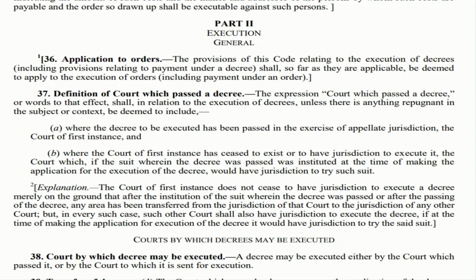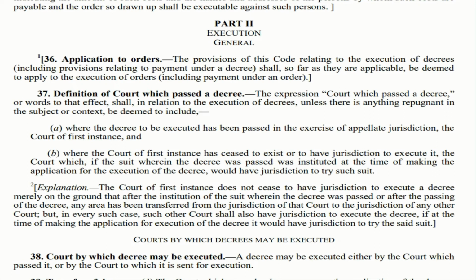Generally, the term used is "court which passed a decree." That is the word which is used. And what this actually means is explained in this particular section. Generally, this deems to include, that is how they have defined it, unless there is something repugnant to the subject or context. In that case, that will be taken into consideration.